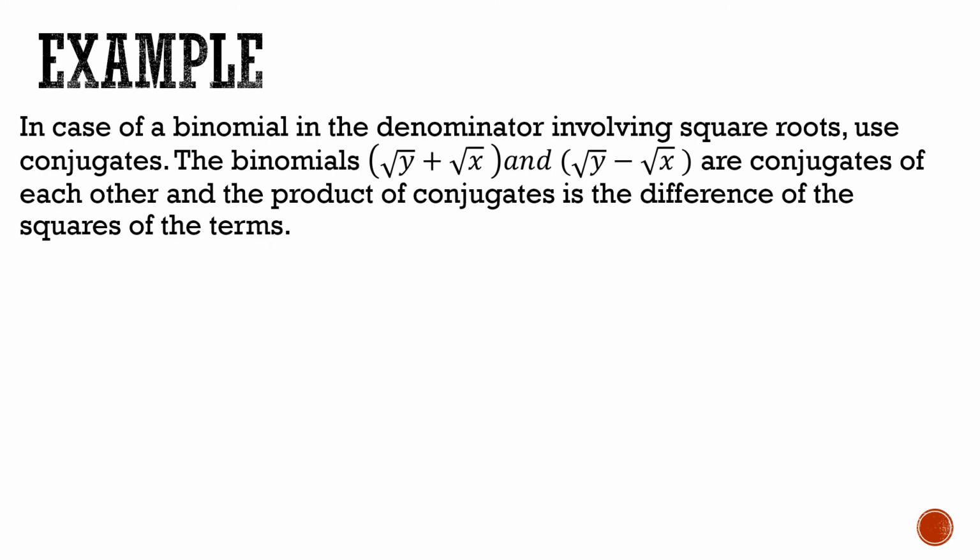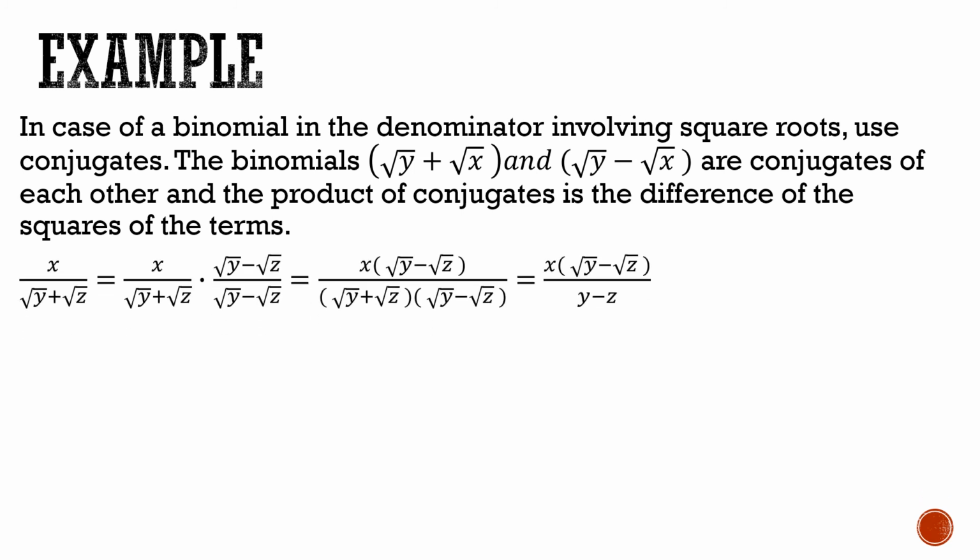In case of a binomial in the denominator involving square roots, use conjugates. The binomial, the quantity square root of y plus square root of z, and the quantity square root of y minus square root of z, are conjugates of each other, and the product of conjugates is the difference of the squares of the terms.